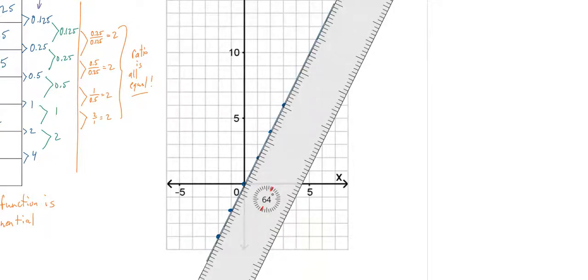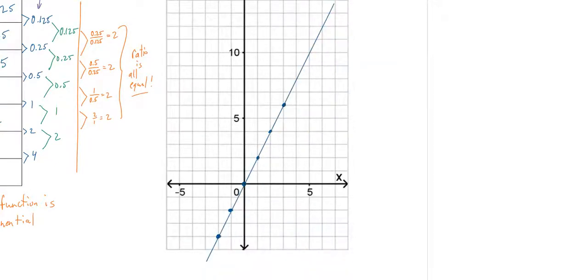So a linear function is a straight line. And that means when I look at an equation like this, I can tell by the exponent that it's linear, and I know it's going to be a straight line.